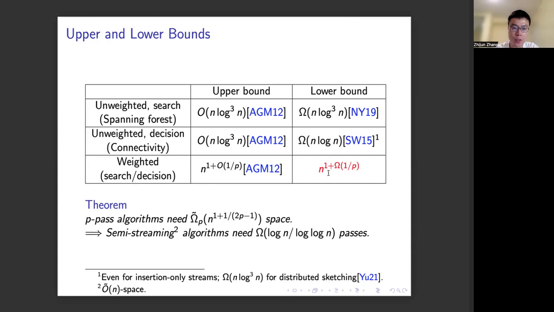Specifically, we show that any p-pass algorithm needs at least n to the 1 plus 1 over 2p minus 1 space to solve MST for either the search version or the decisional version. So in particular, this implies that any semi-streaming algorithm needs at least log n over log log n passes.